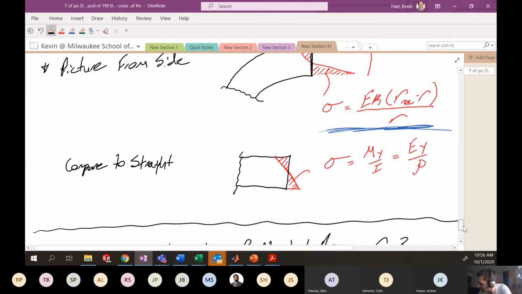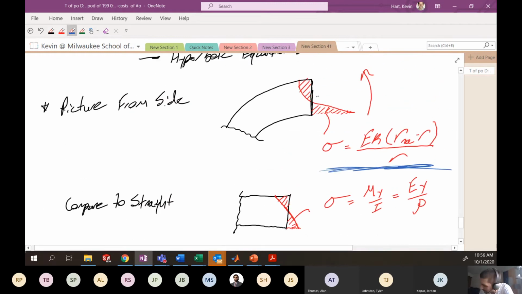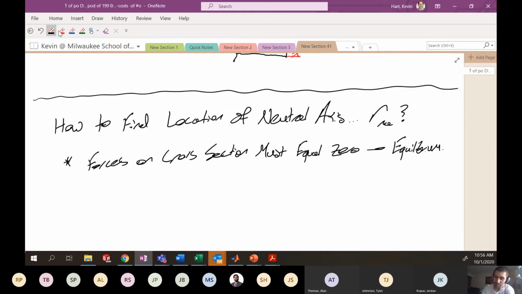So the idea here is, where is this location such that the amount of material we have here and the amount of stress acting on that cross section balances out. We do that using calculus.